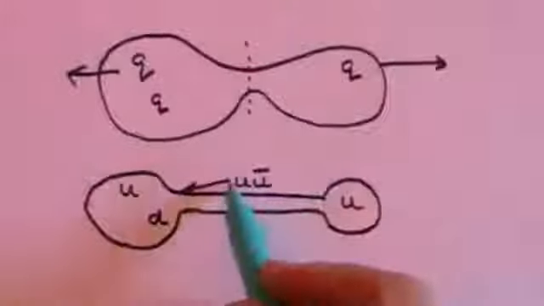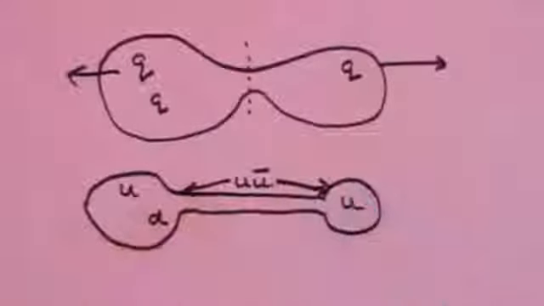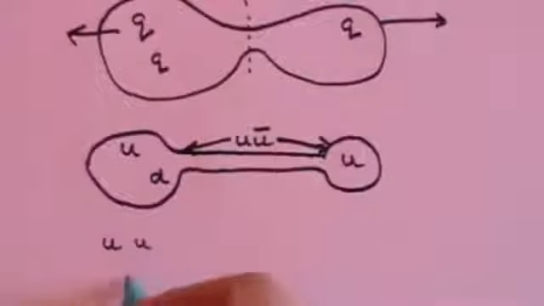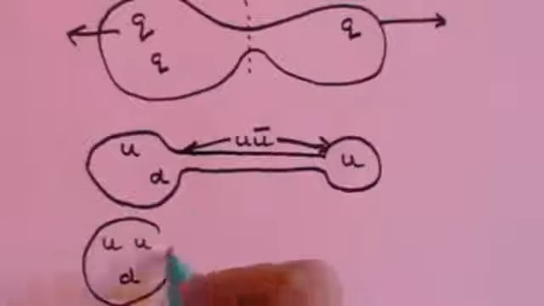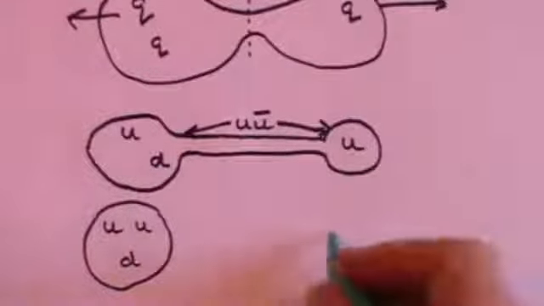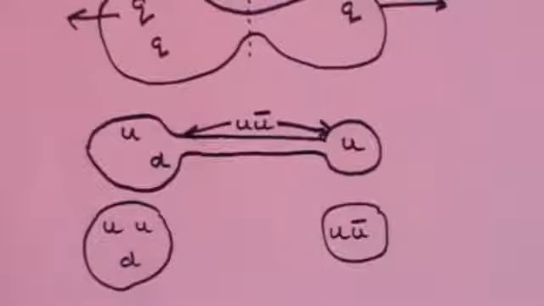And then what happens is this up particle goes here, and the up bar, or the anti-up particle, goes here. And so all that happens is you get an up-up-down, which is the proton you essentially started with. But over here, instead of getting a single quark, you now get a meson, which is an up-anti-up. That, of course, is just an ordinary pion.